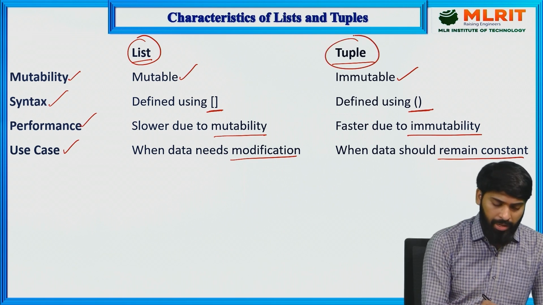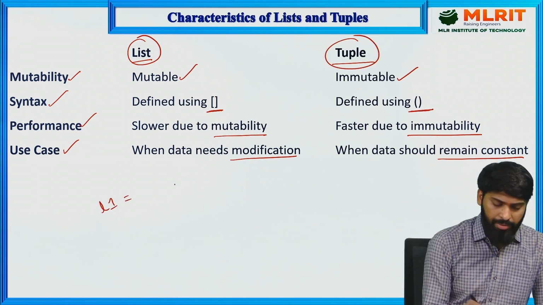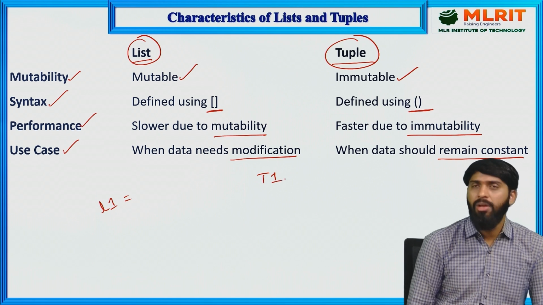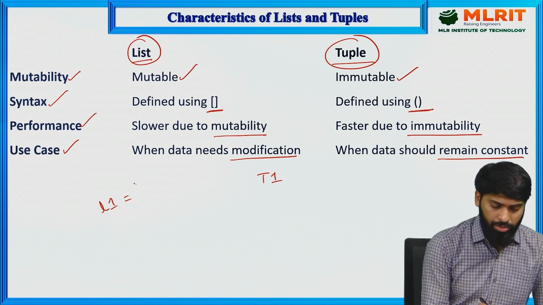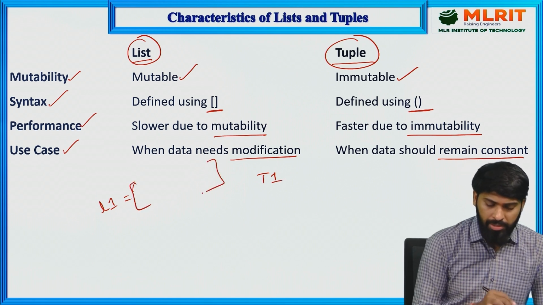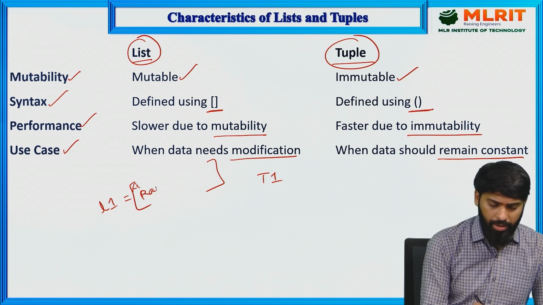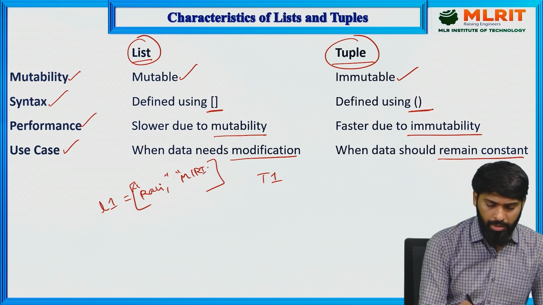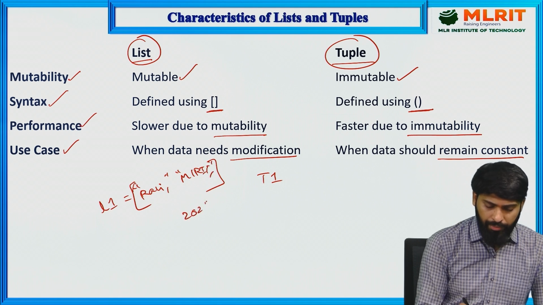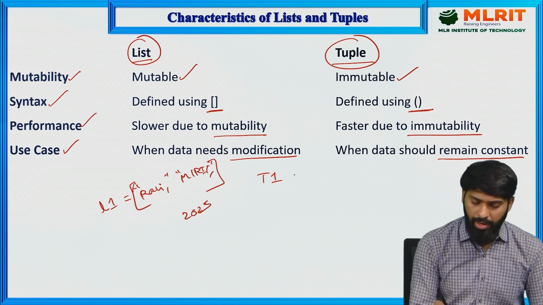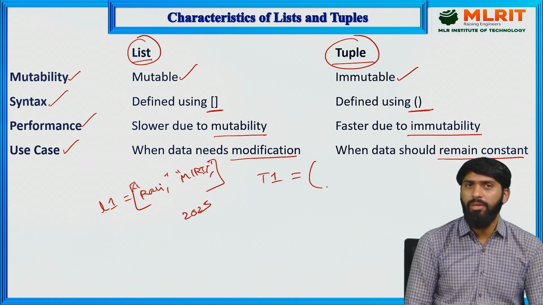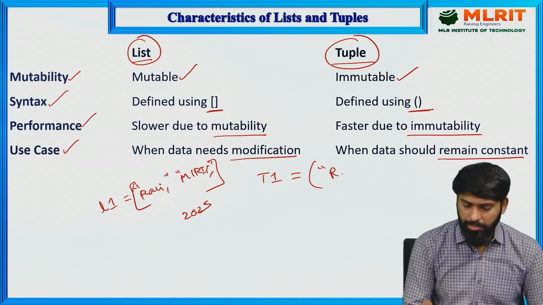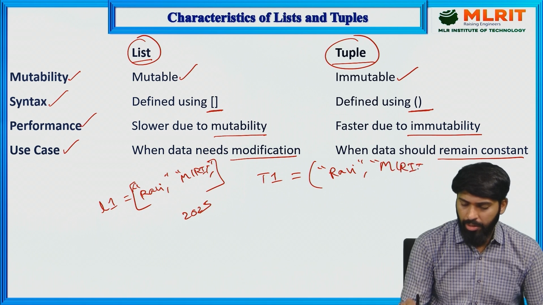For example, here I am defining two variables, L1 and T1. In L1 I store some list elements like this: Ravi, MLR 80 and 2025. The same I define as a tuple using normal brackets, with the items Ravi, MLR 80, 2025.